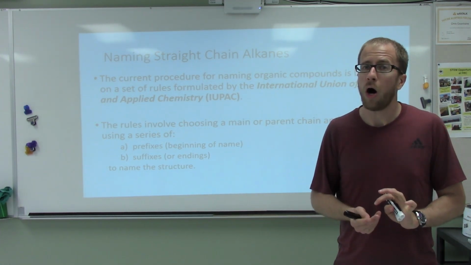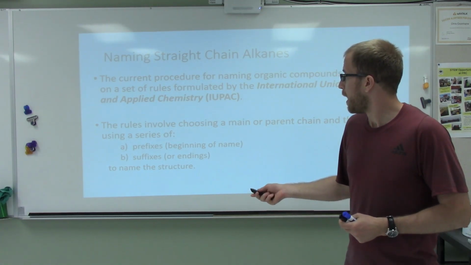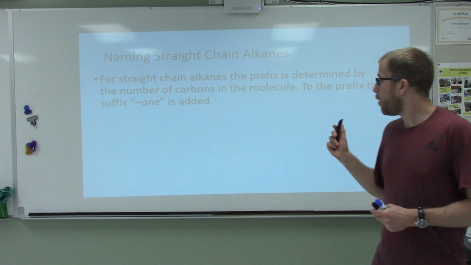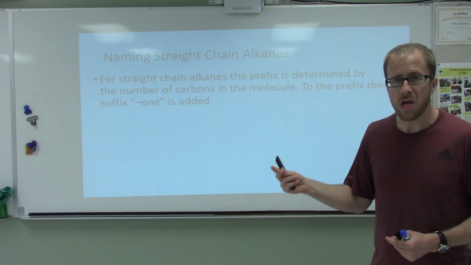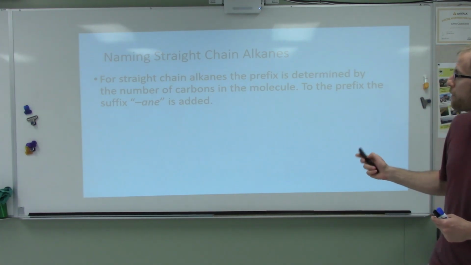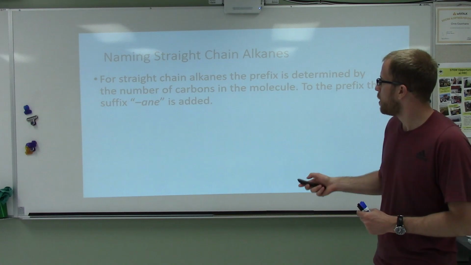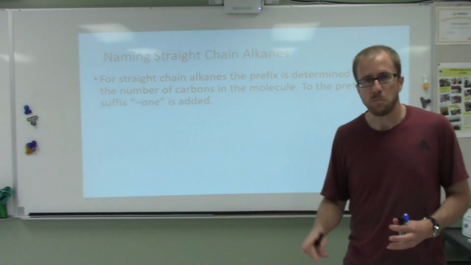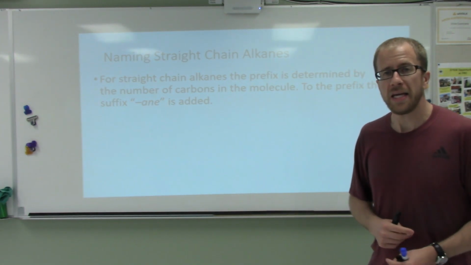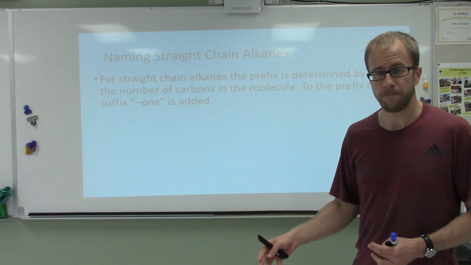It'll tell you all sorts of things about the molecule. Now, when it comes to alkanes, we are going to utilize the suffix ane. So we will always use the suffix ane. And the prefix is going to be determined by the number of carbons.